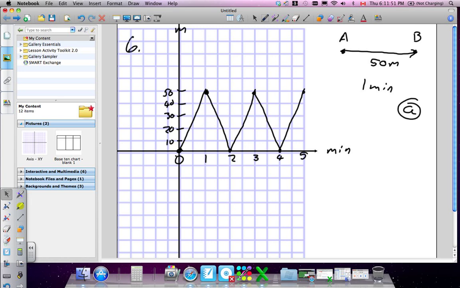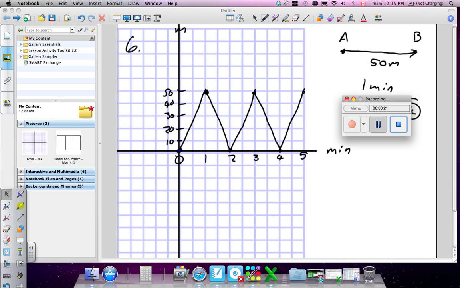Okay. Determine the period and amplitude. So a period is how long it takes for a function to repeat. What they want you to do is go from the starting point, and see how long it takes you to get back to the starting point and then head in that direction.